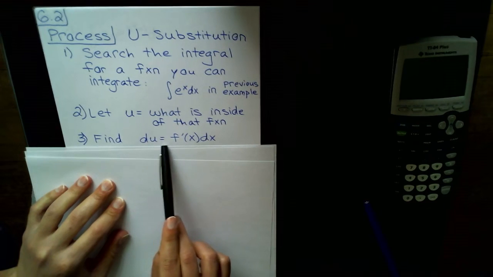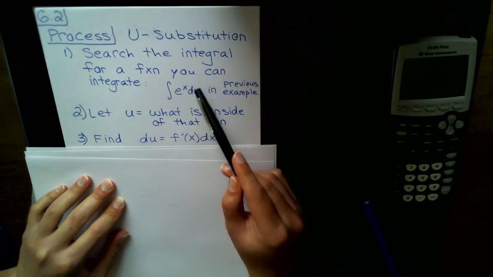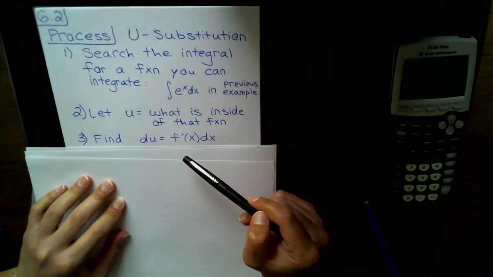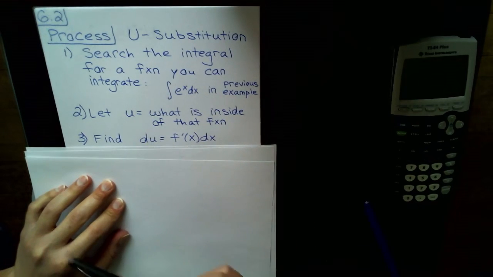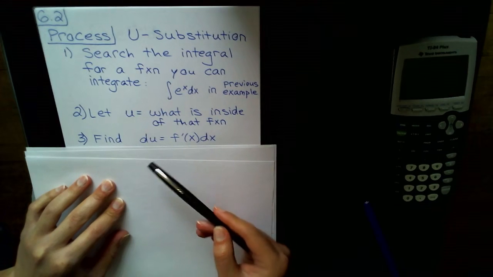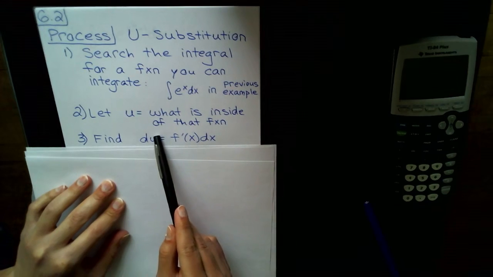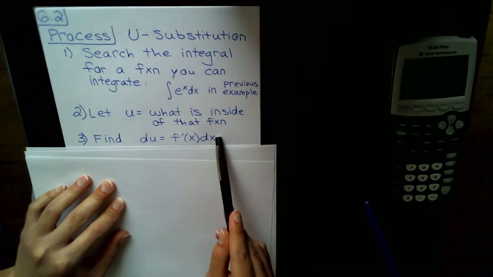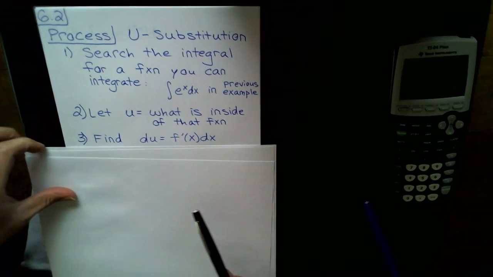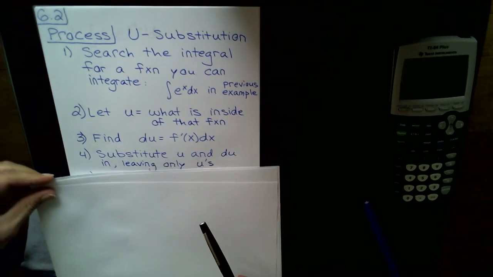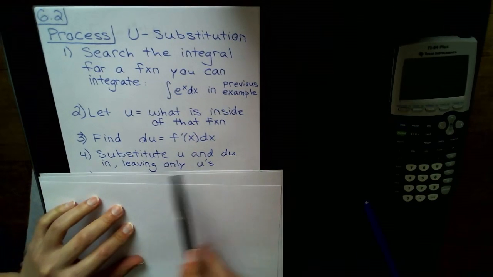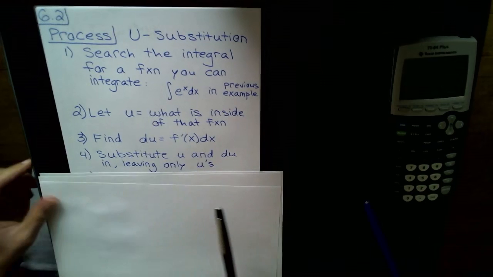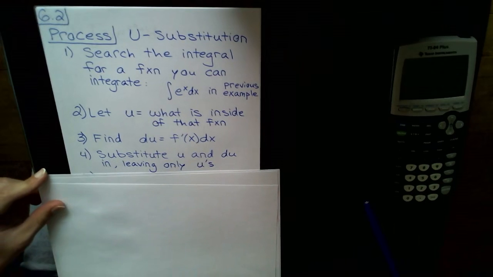And the reason we find this is we are changing the variable in the original problem to a u instead of an x. But in order to integrate, we will now need a du at the end of the integral instead of a dx. So this is where the substitution comes in. We substitute u and du in, leaving only u's instead of x's.